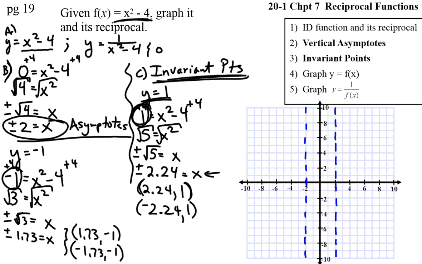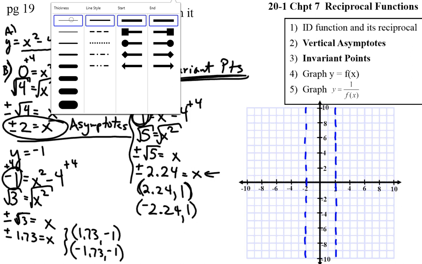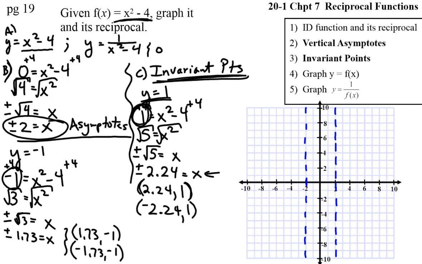So we have 4 invariant points to add to our graph. I just want to make this a little smaller so it's easier to see. What are my invariant points? 2.24, so 2 1/4 roughly, positive 1. There's 1 invariant point. It's not going to be absolutely perfect, I get it, because it's so small, but we can get a pretty good idea.